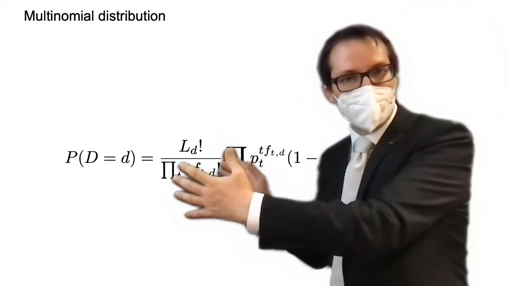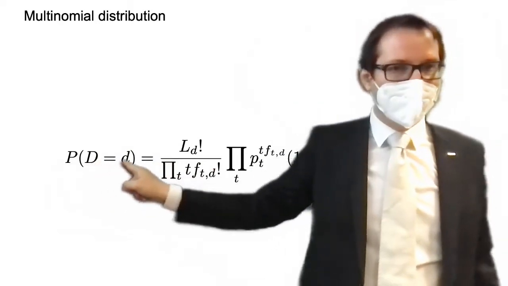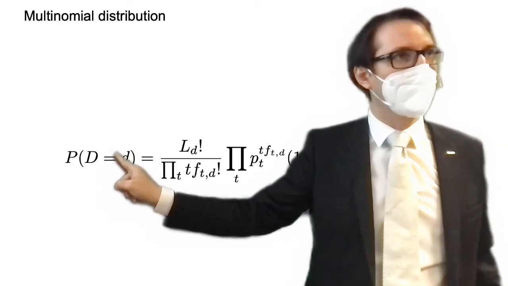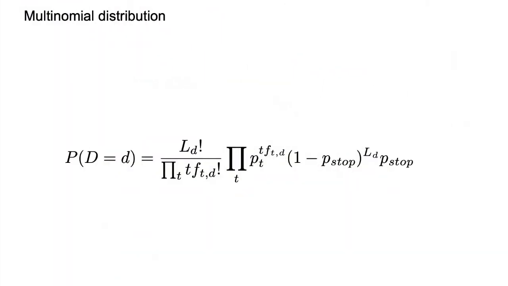This is my correcting factor. And then I get the probability that I get this bag of words document. For whom is that clear? All right. Okay. But anyway, it takes a bit of trust. So just trust me that this is the multinomial distribution. And that's pretty much it.